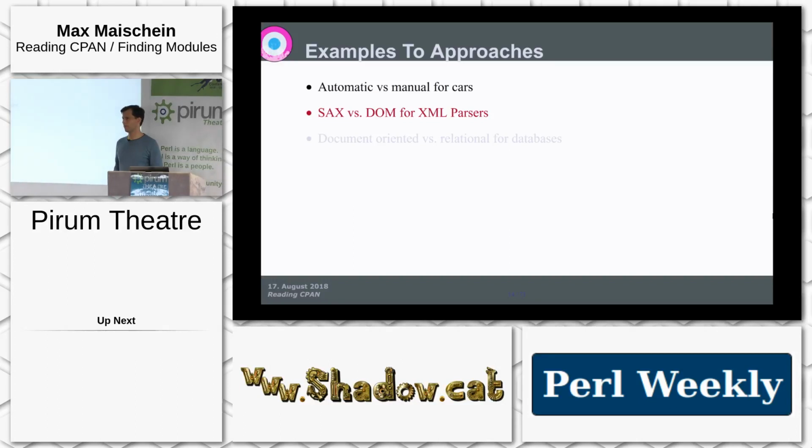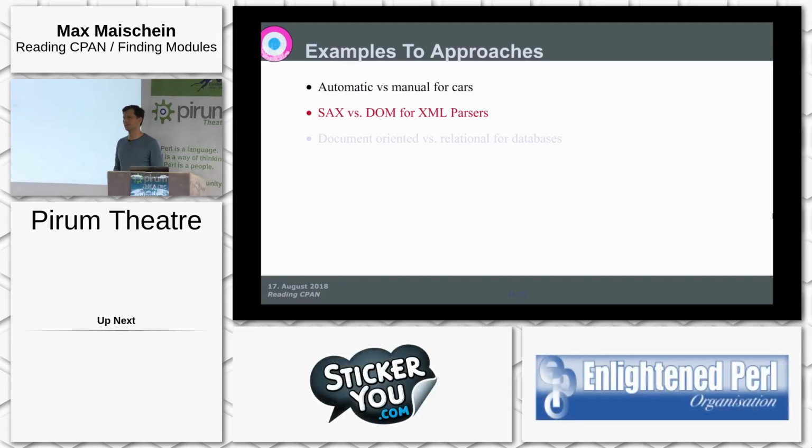Both are very viable approaches, but you need to have understood the problem of needing too much memory before you can decide whether a SAX approach or a DOM approach is the correct one for you. Or with databases, the document-oriented approach or the relational approach are examples for really different approaches to storing data.